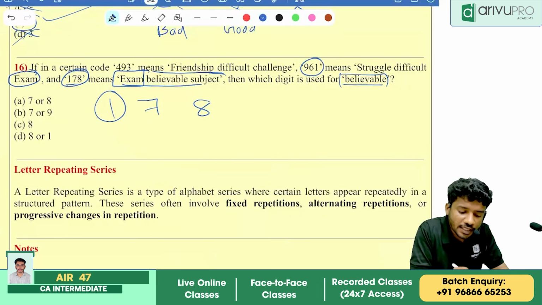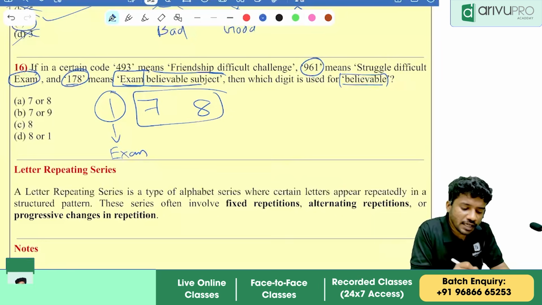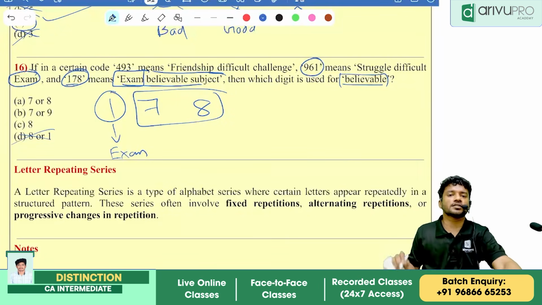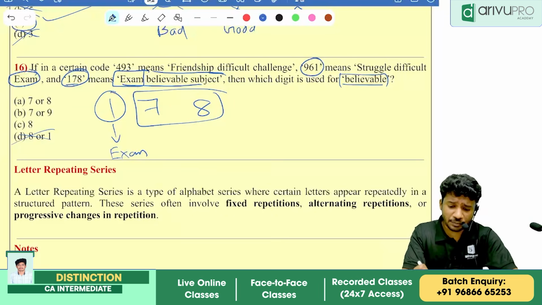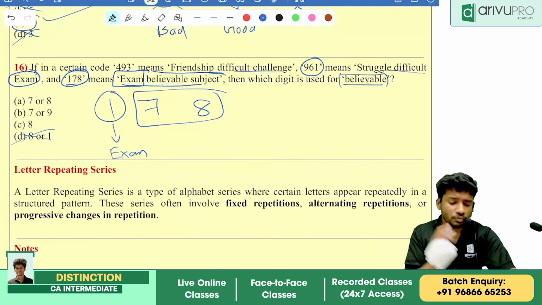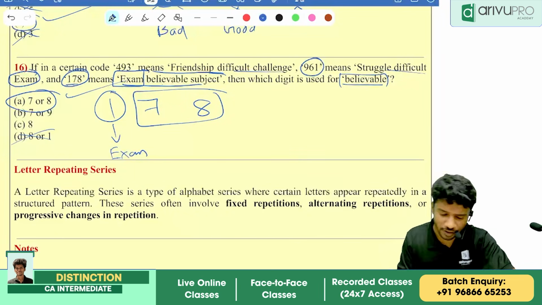So what is exam? Exam means 1. Then what is remaining? 7 or 8 is remaining. Now you tell me what is the answer. Is there something between believable and subject that is common in any of the other things? No. That means the answer will be 7 or 8. Option A will be your answer.